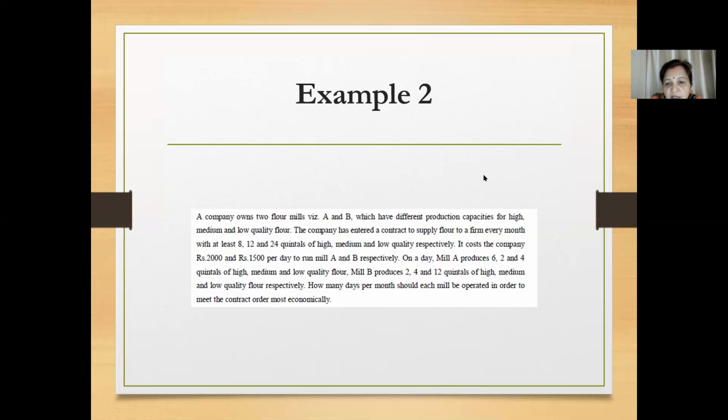So mill A produces 6 quintal of high quality, so then we have 6x1, if x1 is the number of days for mill A, then total production of high quality will be 6x1 plus 2x2, and this should be at least 8 quintals.